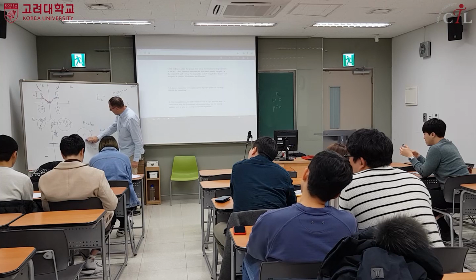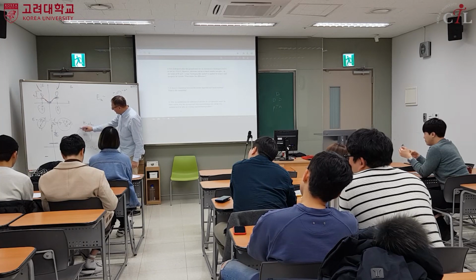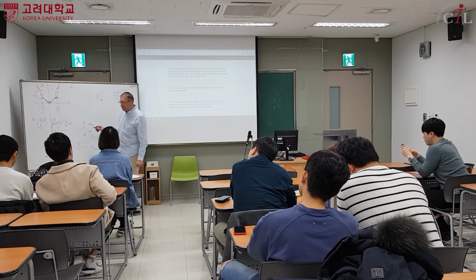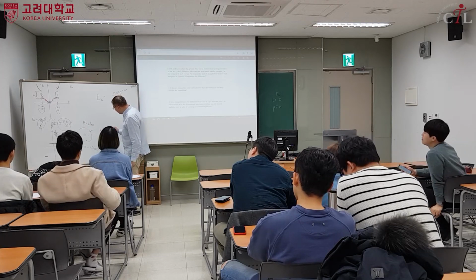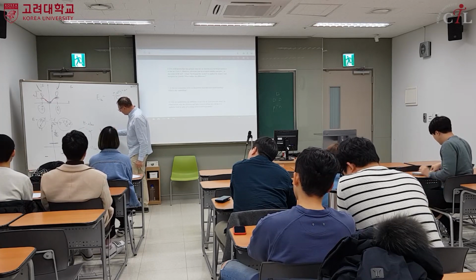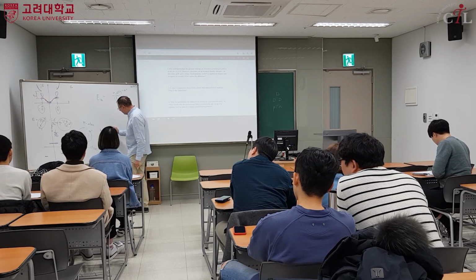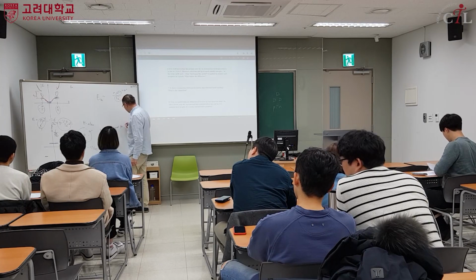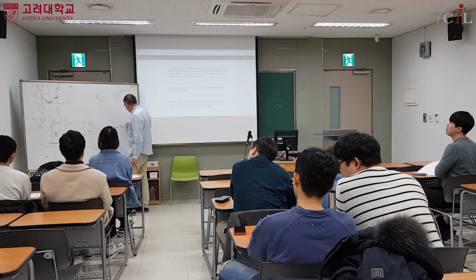This is hydrogen and this is an electron. This trajectory is called Bohr orbit. And what I often do is ask to calculate the Bohr orbit for phosphorus.